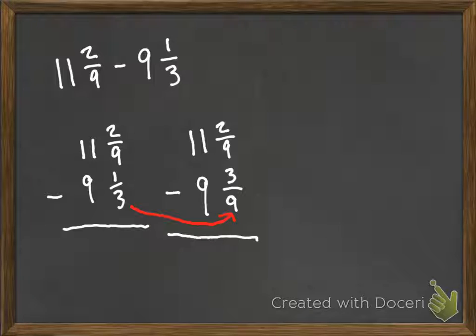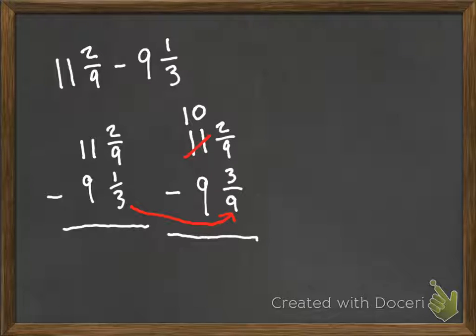Now as I look at my equation and the fractions, I see that in 2/9 minus 3/9, I'm subtracting a larger numerator, 3, from a smaller numerator, 2. And so what I want to do is regroup, okay? In order to do that, I want to take 1 away from 11, so we'll make that 10, and I want to regroup.